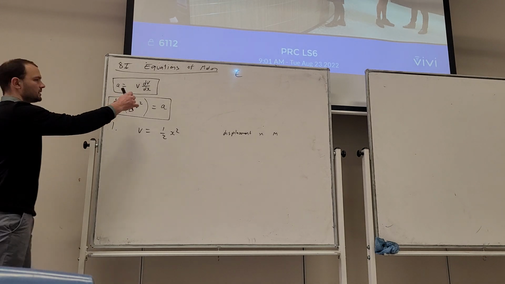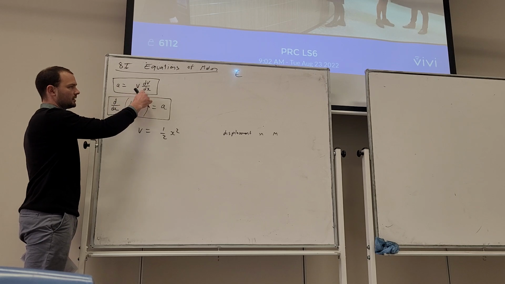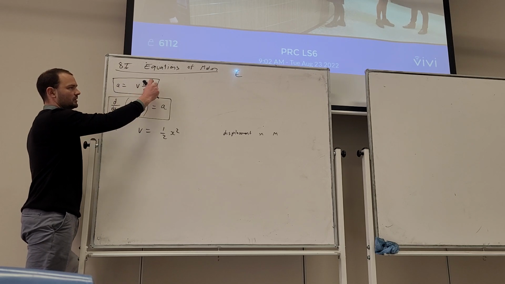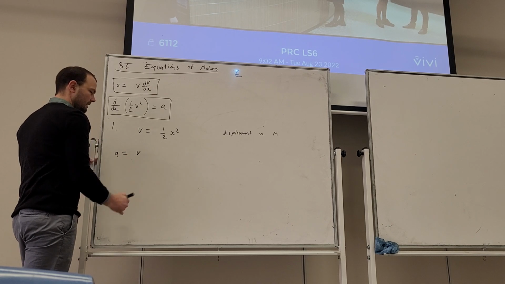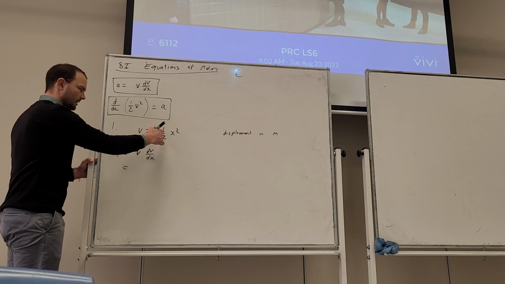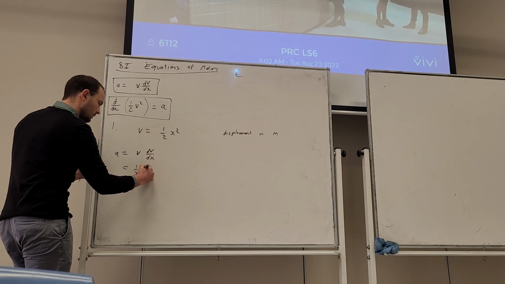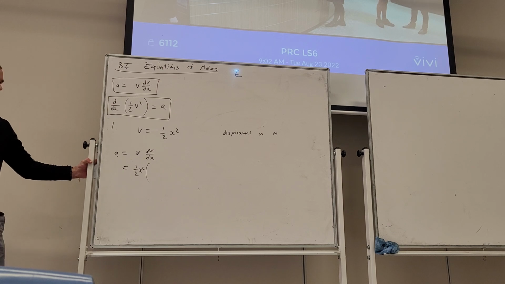We're going to be using one of these two formulas. Here we're starting with the velocity, so if we want to find the acceleration, this is the one that makes sense. The acceleration is going to be v multiplied by dv on dx. So that's half x squared multiplied by the derivative of velocity with regards to x.